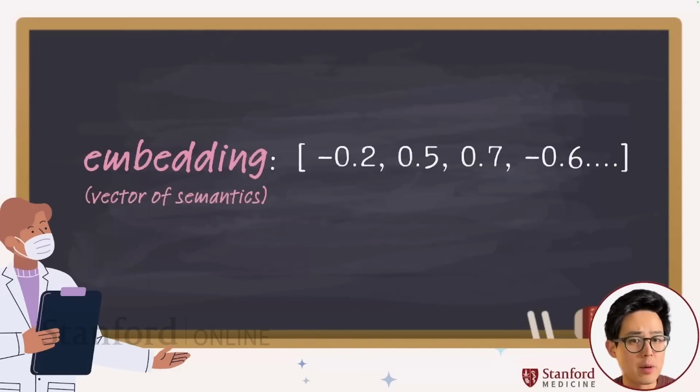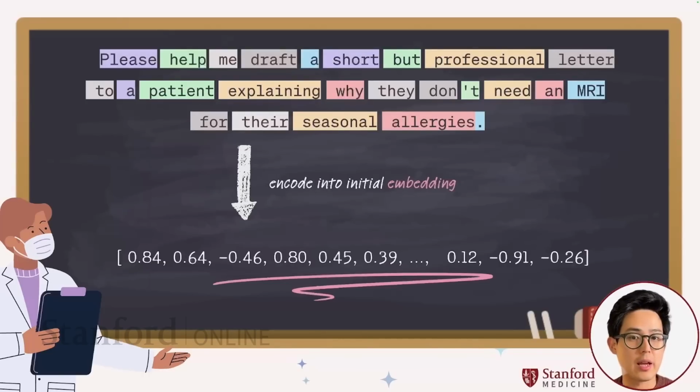So instead of 3 numbers, let's now imagine a vector with hundreds or even thousands of dimensions. This is what we call an embedding, a special kind of vector that represents a word, like patient, in a way that captures its meaning based on how it appears in language. Now, let's look again at the sample embedding for the word patient.